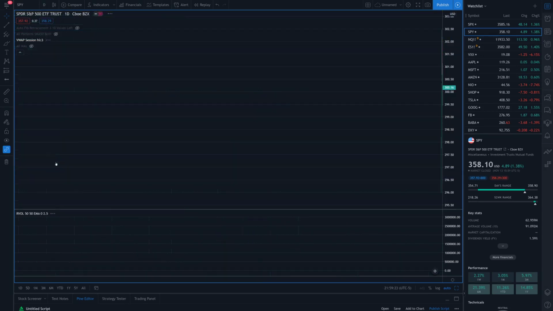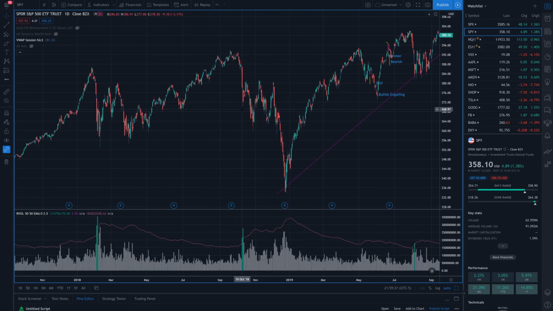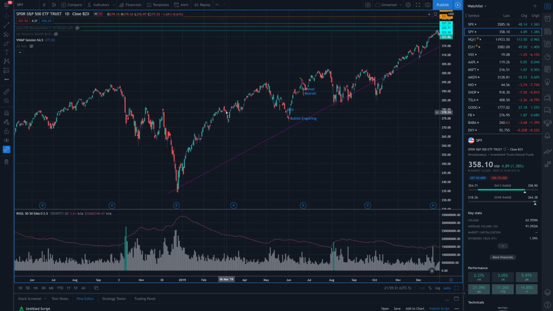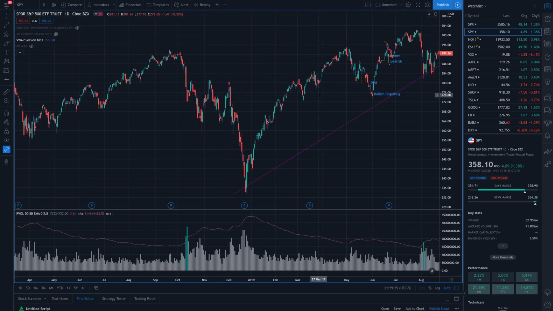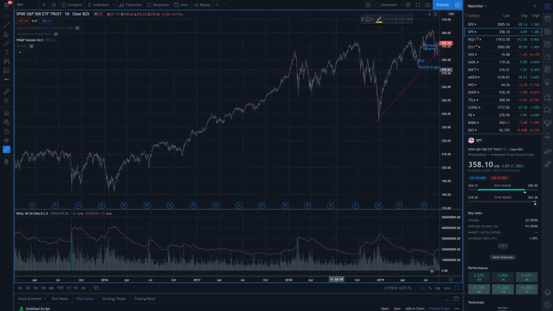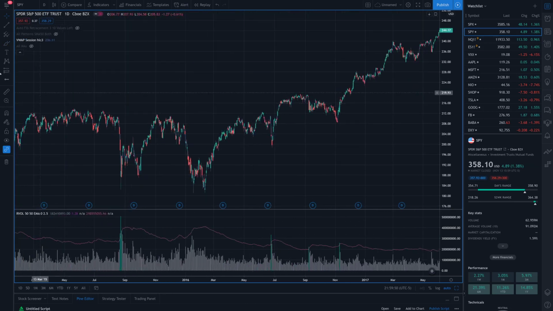I'm sorry that this is so messy. So what a cup and handle is, is when a price is on an upwards trend. Oh, down here is a better example. It's when a price hits a certain level and it's on an upwards trend.